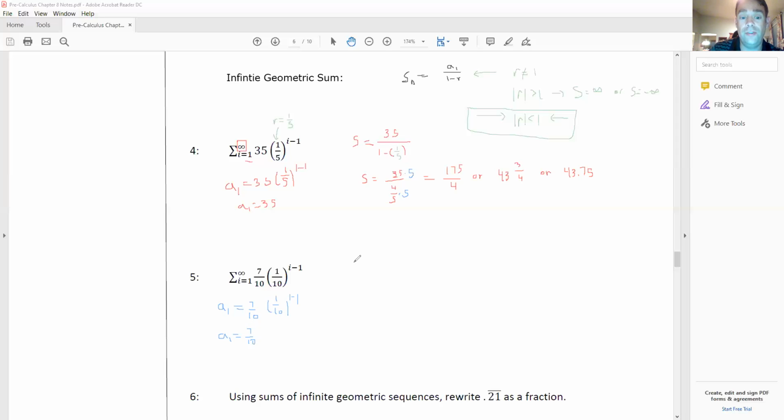So if I want to find the sum, I'm going to plug it in here. One minus, and let's see if we can figure out the r value that it goes with. That'd be the thing inside the parentheses. So r is 1/10.